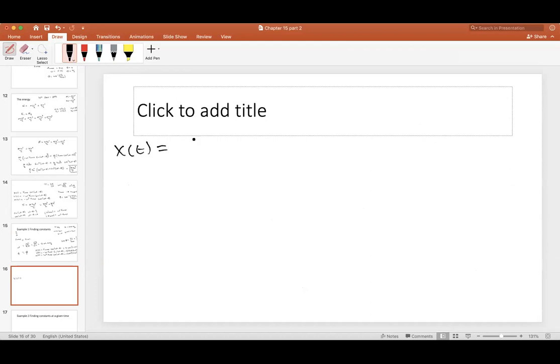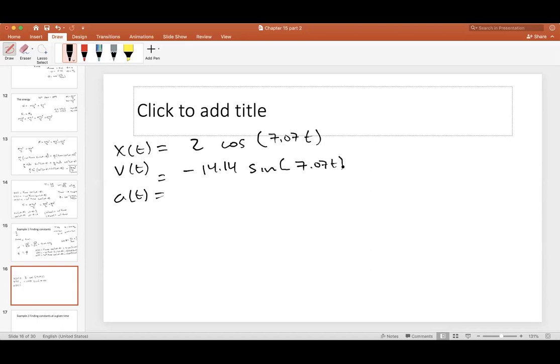x of t was 2 cos of 7.07 times t, and v of t was negative 7.07 times 2, so 14.14 sine of 7.07 t.